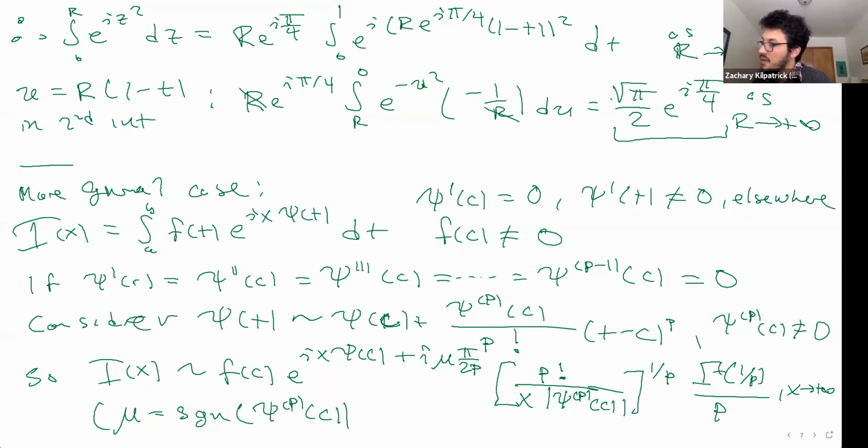Elsewhere, yeah. And it's fine if you have critical points at other places. If you do, then you just do an expansion around each of them, and then you add all those up. And if some are of smaller order than others, then you get rid of them, right?